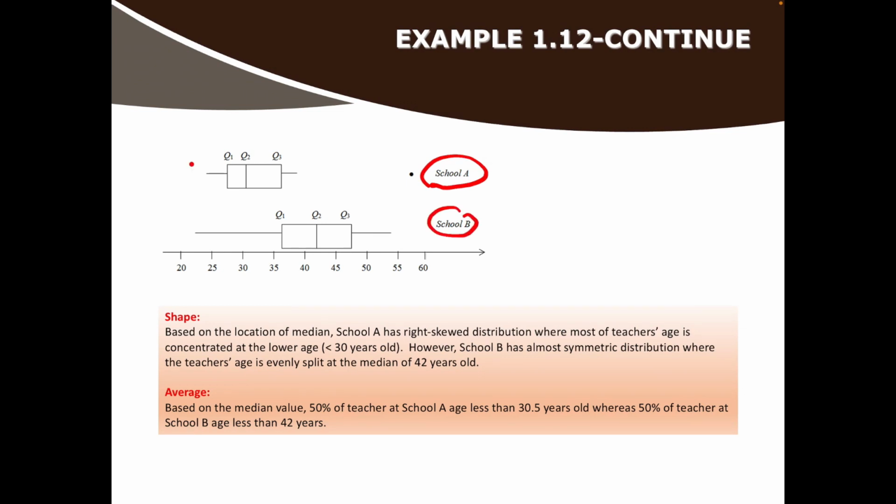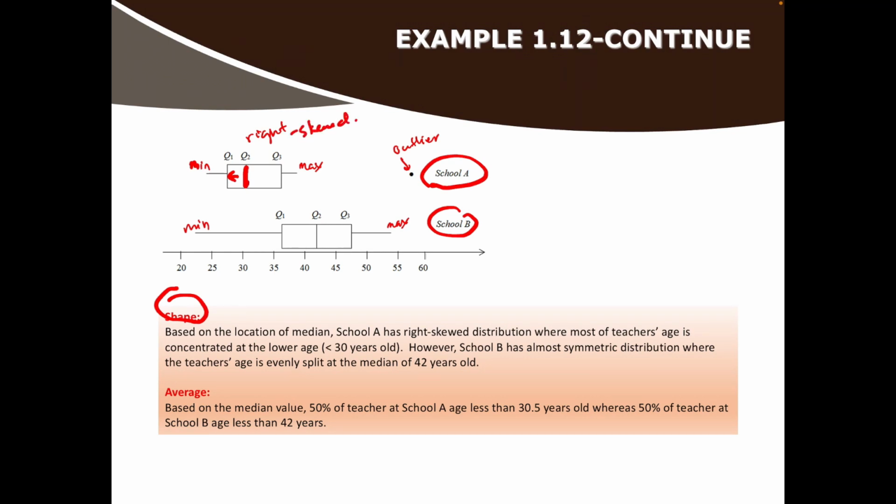This one is minimum, this one is maximum. For school A there is an outlier. First, compare shape. Compare shape based on the median. Look at school A, Q2 towards the left, so it is right skewed.